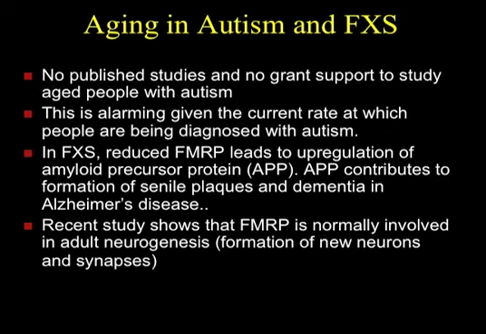And then Dr. Hagerman, who you have probably all heard about, came back from an intellectual disability meeting recently where a study was presented showing that FMRP, not in people with Fragile X but normally, is involved in adult neurogenesis. So normally FMRP plays a role in the nervous system and how it develops, even in mature individuals.